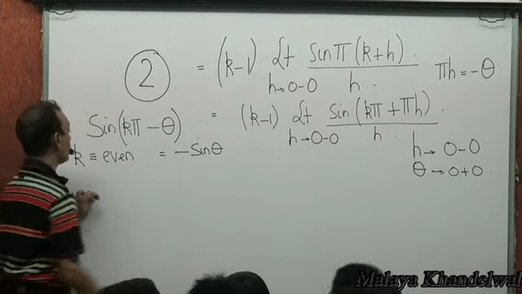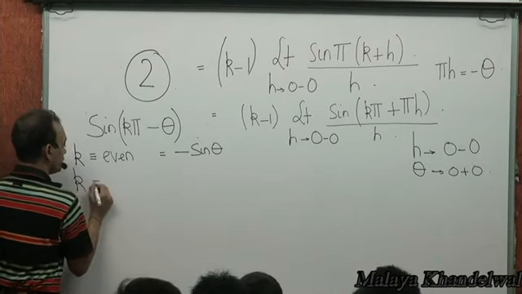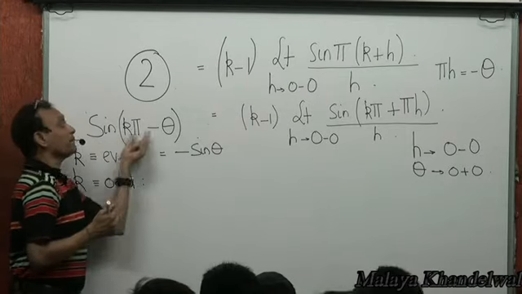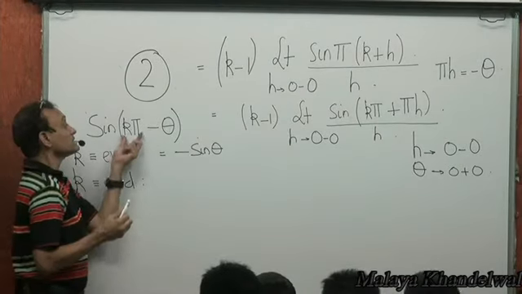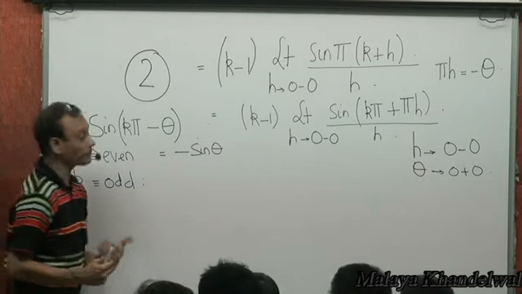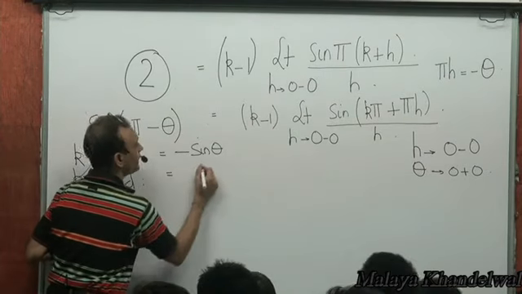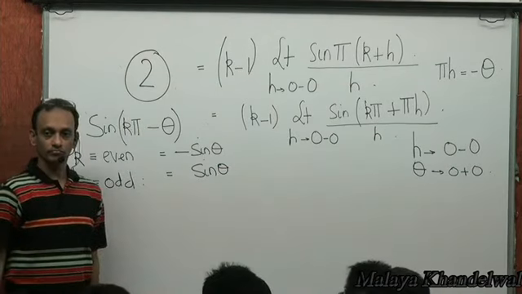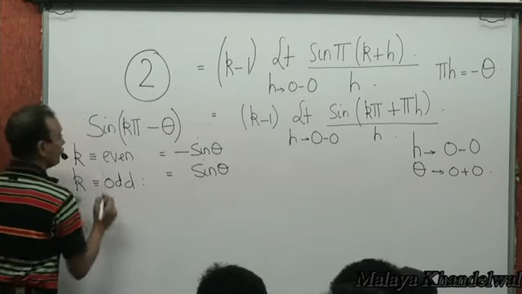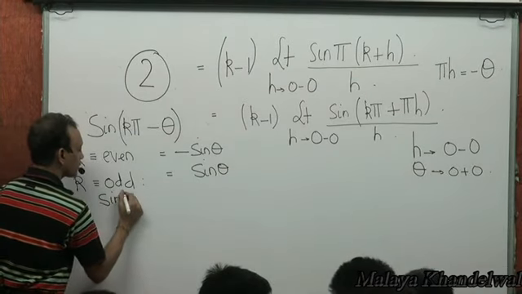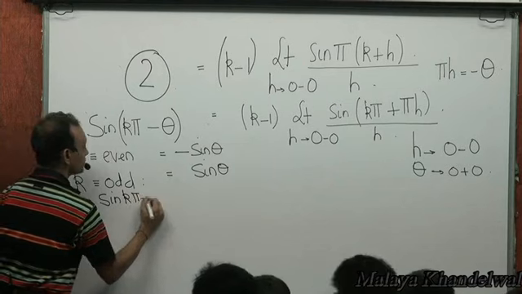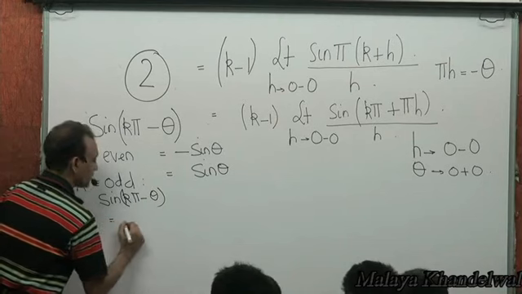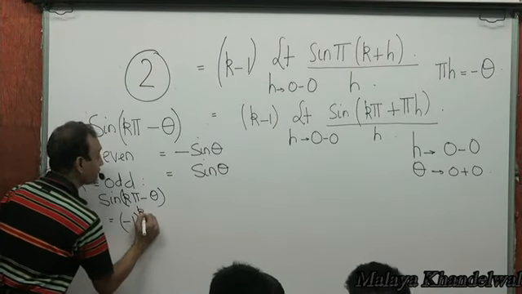Right? Now, when K is odd, then say pi minus theta, that will be sine theta. Sine 3 pi minus theta, sine theta, right? So when K is odd, this will be sine theta, yes or no? Clear? And therefore, sine K pi minus theta is going to be minus 1 to power K minus 1 sine theta.